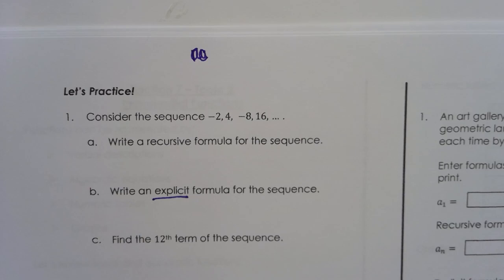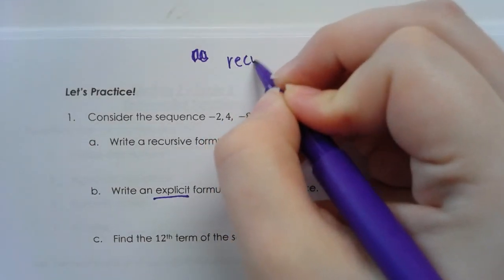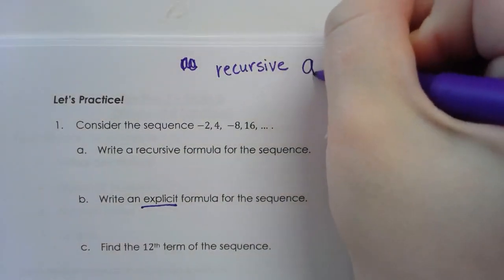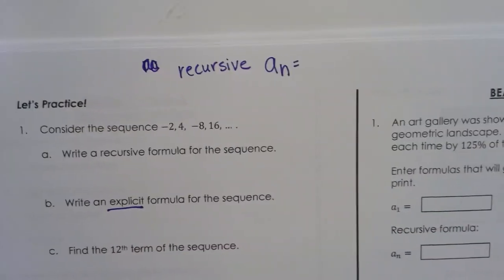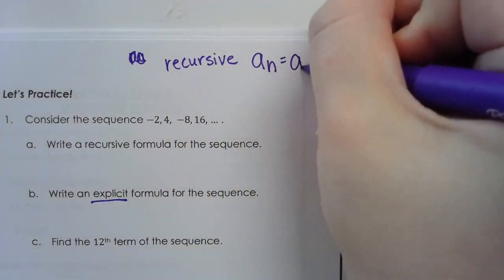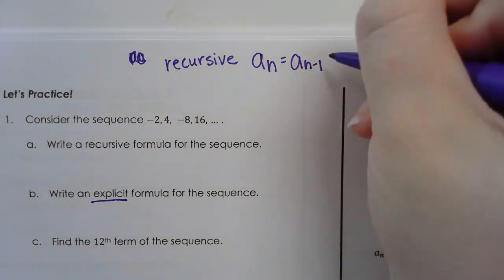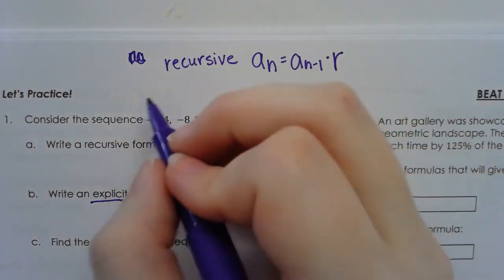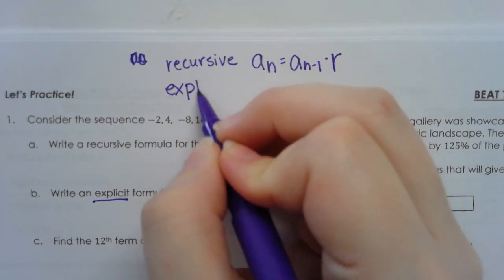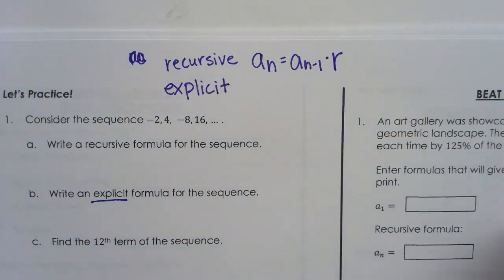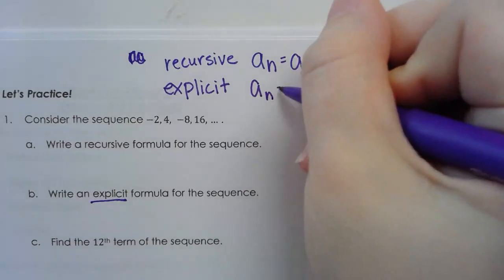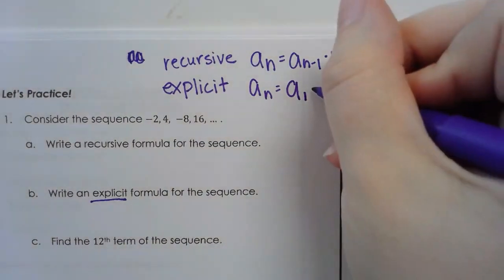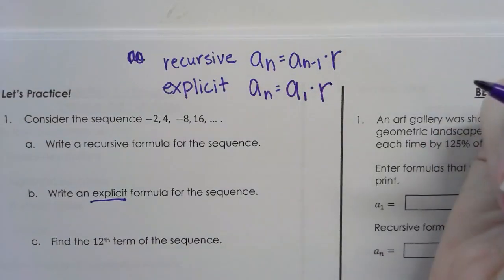But the recursive formula for any geometric sequence, you could write this at the top: a sub n equals a sub n minus 1, the number before it, times that common ratio. The explicit is a sub n equals a sub 1, that first term, times the common ratio.